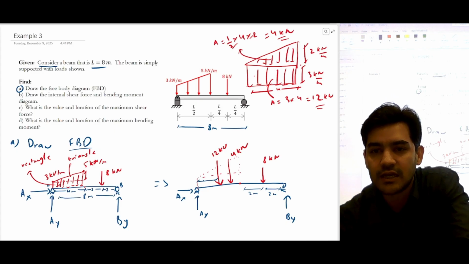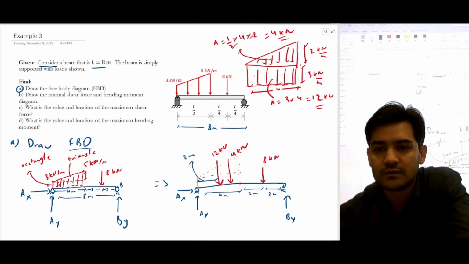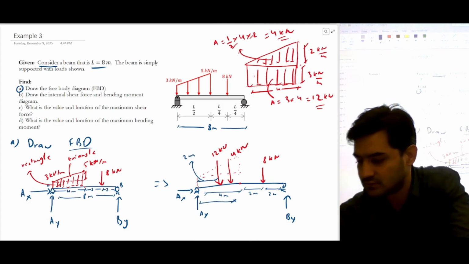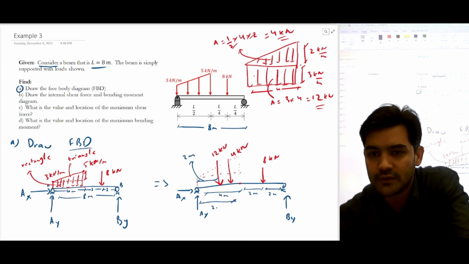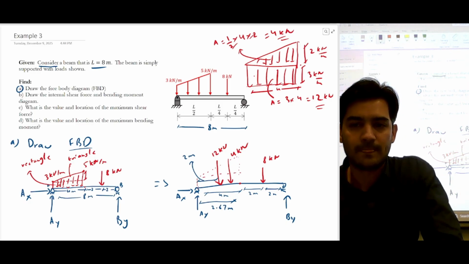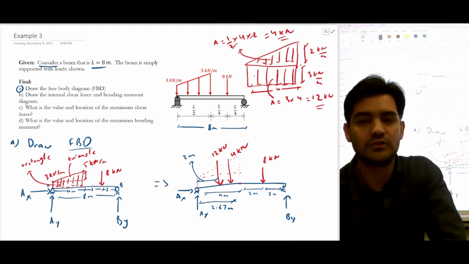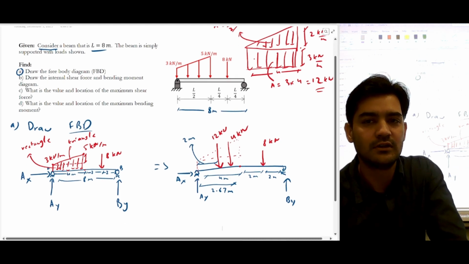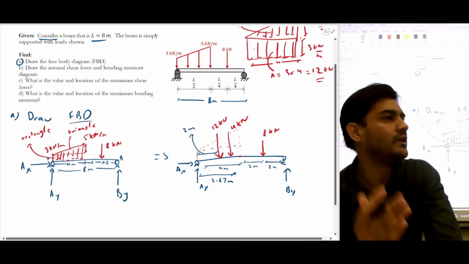The total distance is 4 meters, so this distance is 2 meters, and this distance is 2.67 meters. Because when we do the summation of moments, we also need to know where these forces are acting.